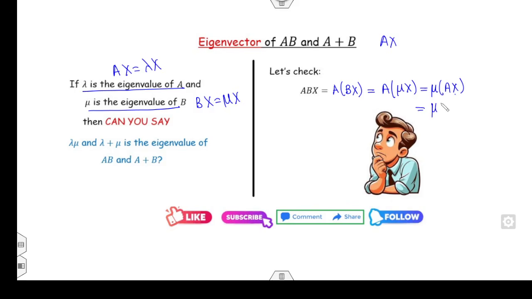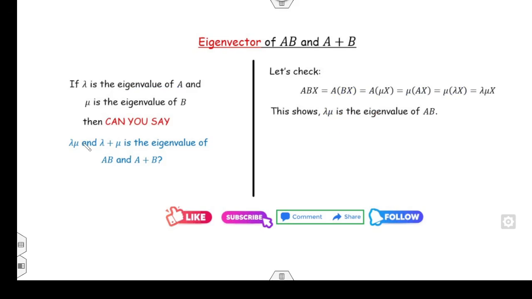So that will be mu lambda x. So you can see ABx is equal to mu lambda x. What do you conclude? Mu lambda is the eigenvalue of AB. Fine. Or lambda mu or mu lambda, that's a scalar number, is the eigenvalue of the matrix.